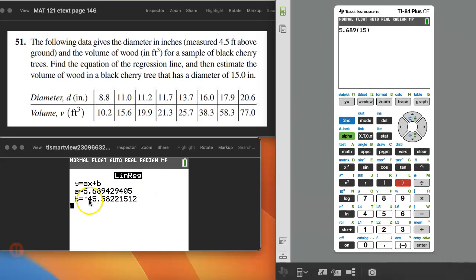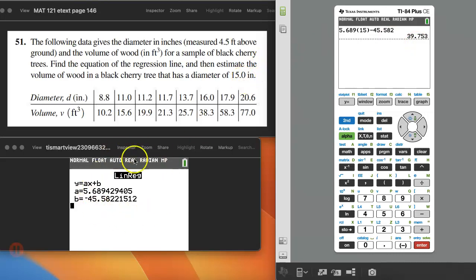And then plus negative 45-ish, okay? I can either type in plus negative, or I can just go ahead and type minus 45.582 and press enter.